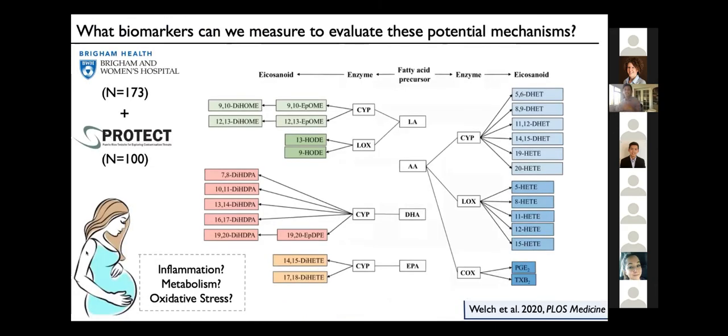So recently, in addition to having measured these bioactive lipids in the LIFECODES cohort, we've also had the opportunity to measure the same panel of molecules in a pilot sample in the PROTECT cohort as well.